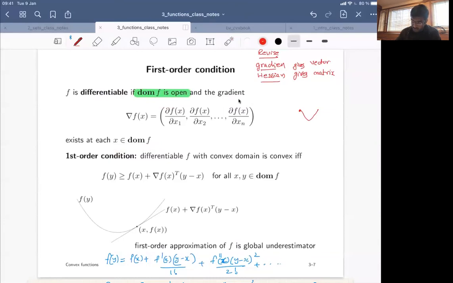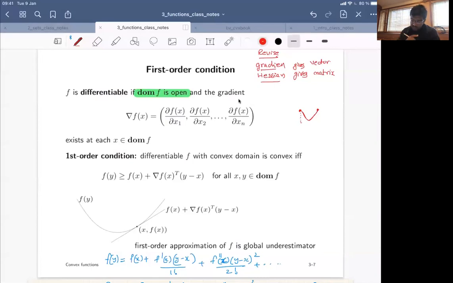If it's closed, for example, if both the boundaries are involved, then we don't know the derivative of this function at this point, right? Because you cannot evaluate the left limit here, that's not part of the domain. To check differentiability, you have to evaluate that limit, both left and right. So only if the domain is open can we think about this.